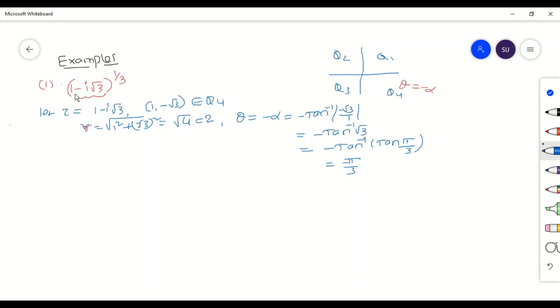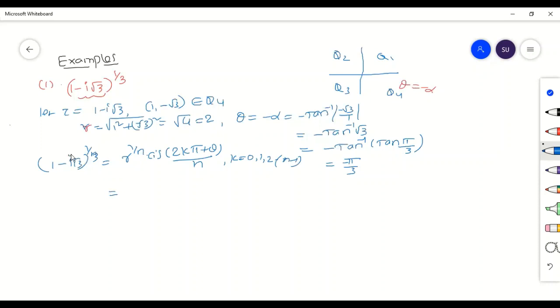Now write 1 minus i root 3 using the formula: z power 1 by n is r power 1 by n into cis of (2k pi plus theta) by n, where k is equal to 0, 1, 2 and so on up to n minus 1. This is the formula to find nth roots of a complex number.